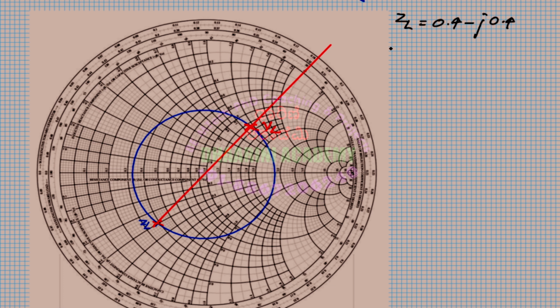Drawing a circle of radius from the origin to this ZL, I complete a circle, and I extend the line connecting ZL and the origin to the other side, all the way to the outside of the Smith chart. Wherever that line intersects the circle, I'm going to call that point YL, and give me the value you get on your graph.